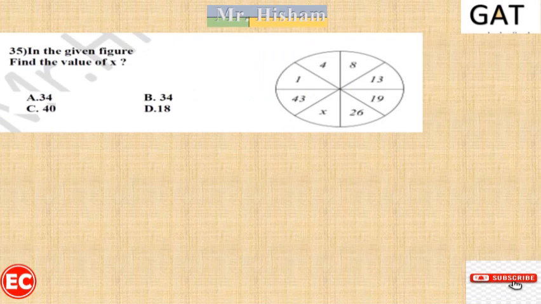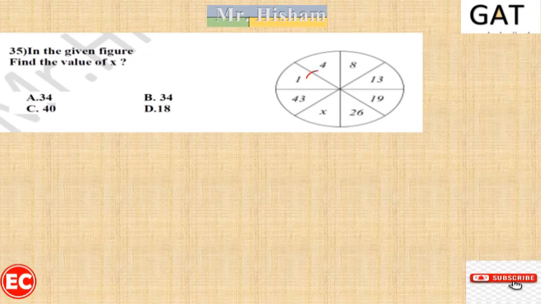Question 35. In the given figure, find the value of x. There is a sequence in working out these numbers to figure out the value of x. What could be the sequence? This is what we are looking for. 1, 4, 8, 13, 19, 26.